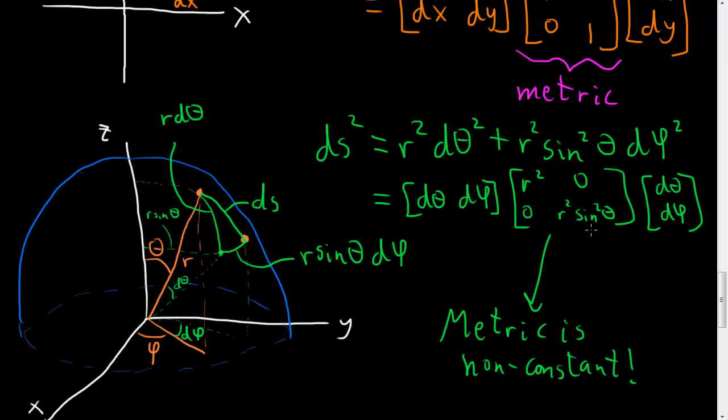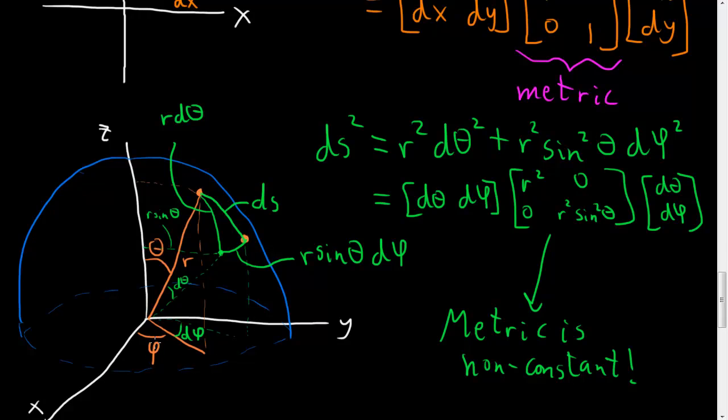And likewise, it depends on where you are on the sphere. If you're on the surface of the Earth and you want to change your angle phi by a little bit, the distance you have to go depends on where you are. If you're at the North Pole, you don't have to move at all to change your phi. You can just spin in place and your angle phi changes and you haven't actually moved any distance. But if you're all the way down at the equator and you want to move from this point here over to this point here, from the x-axis to the y-axis, you have to go a lot.